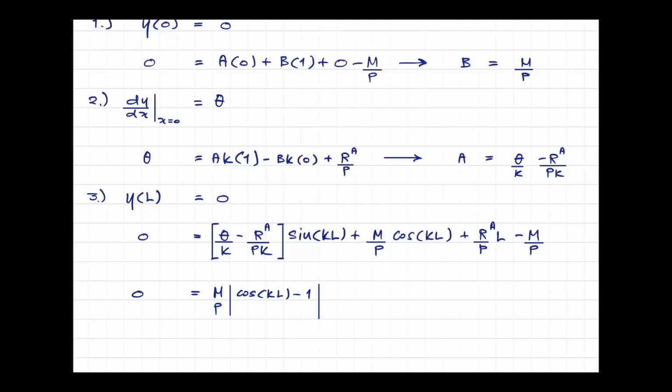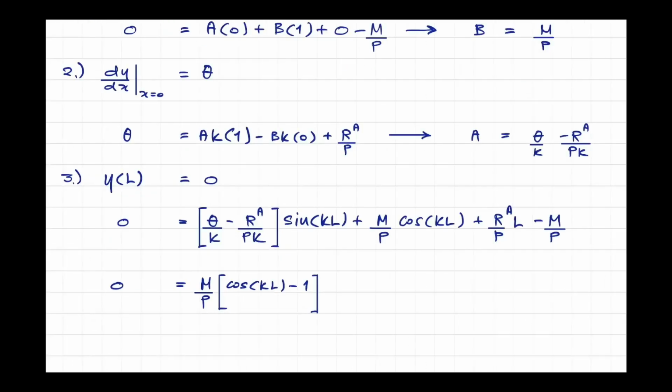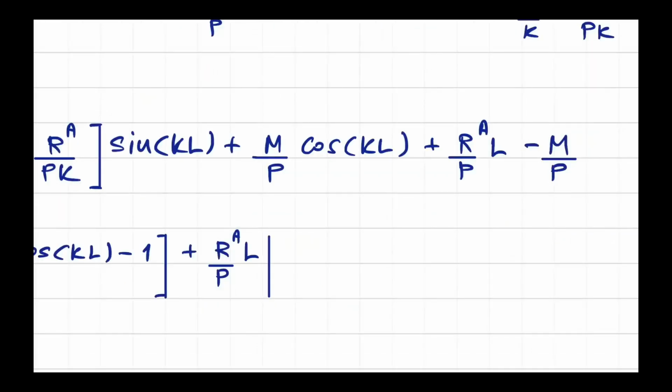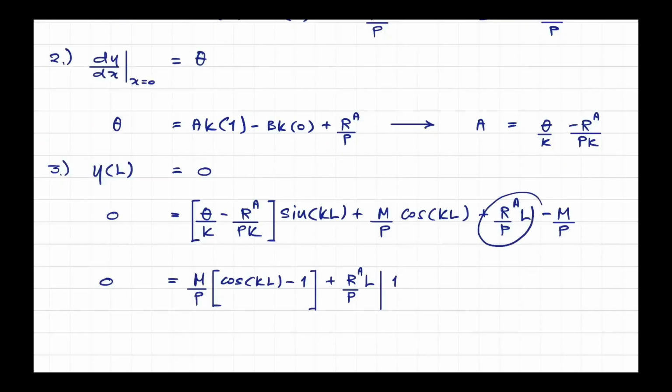And then we group up the RA over PL. RA over PL was supposed to be 1, right? We take one from here and another from here.